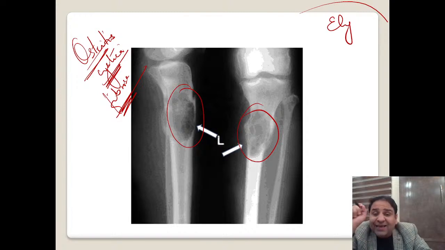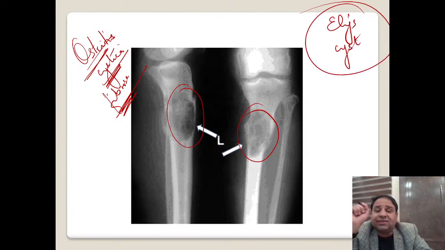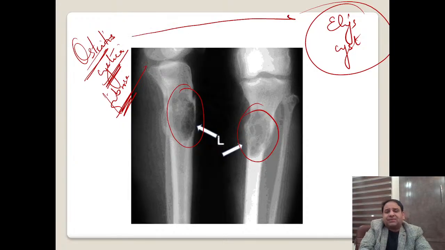Even these Ellie cysts are not true cysts, they are false cysts only, again because of osteolytic activities, and these osteolytic cysts called Ellie cysts are seen in TMJ osteoarthritis. So you have to remember these two terms like this: Ellie cyst in osteoarthritis of TMJ, osteitis cystica fibrosa in hyperparathyroidism.